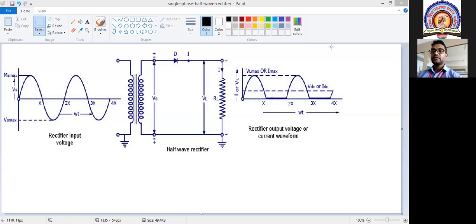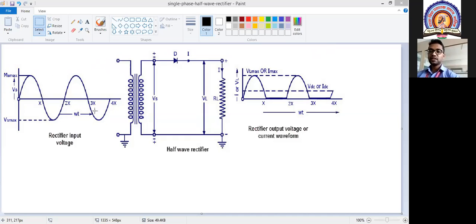Then the second block was the rectifier. A rectifier is a circuit or a device which converts the AC signal, as you can see here where my cursor is moving. This is your AC sinusoidal wave, which has the positive half cycle and negative half cycle, correct? And it converts it into pulsating DC. Pulsating DC is a signal which is not pure DC.